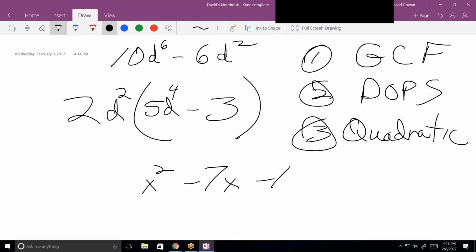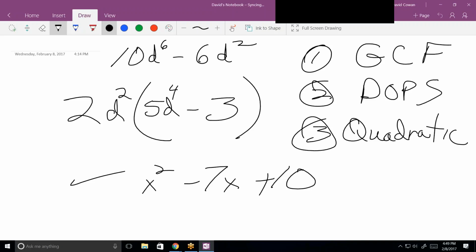Okay? And I would say that 90% of the factoring of quadratics you have to do is going to be of that format, where the x squared has a 1 as a coefficient, meaning that when you split it up, it becomes x times x. Those are pretty easy to factor.